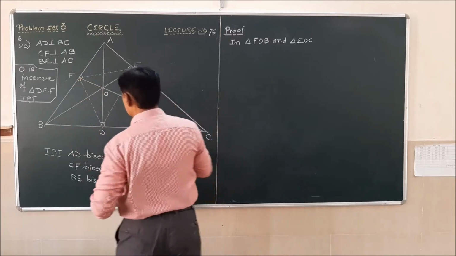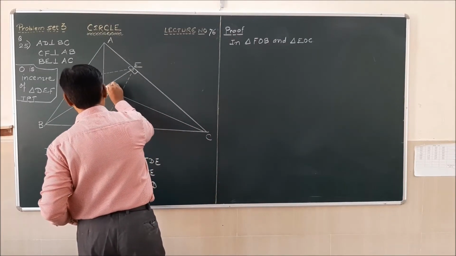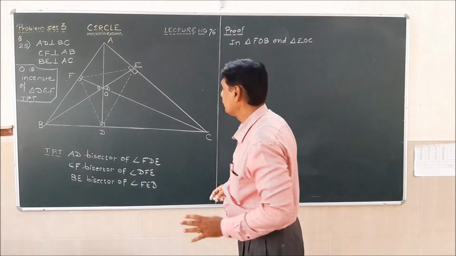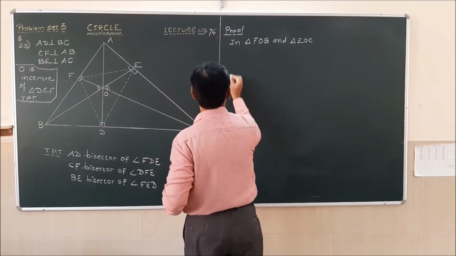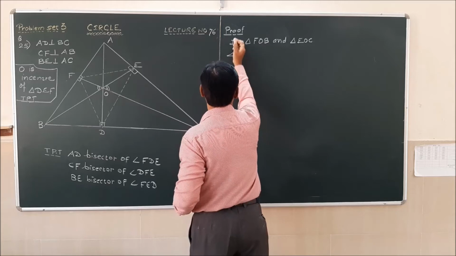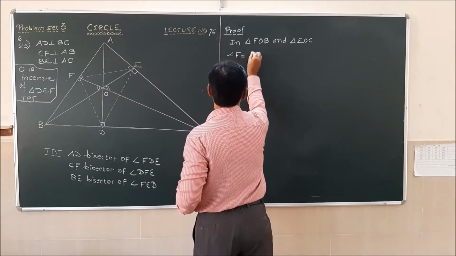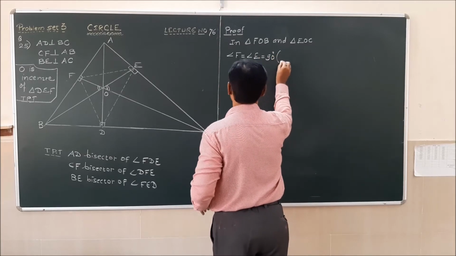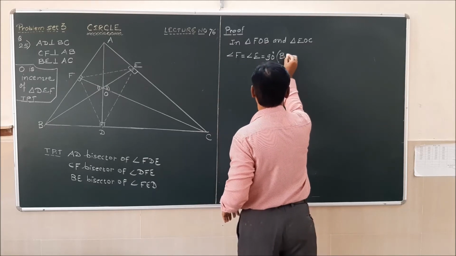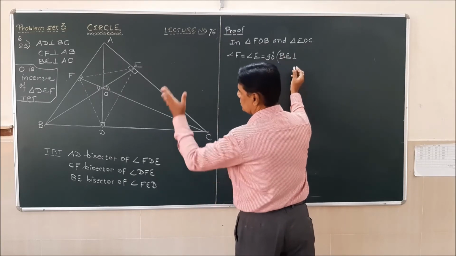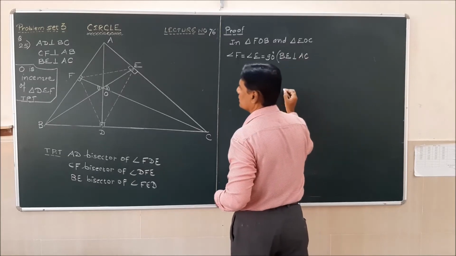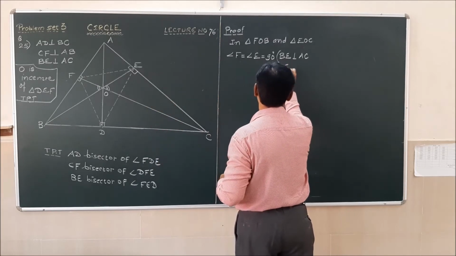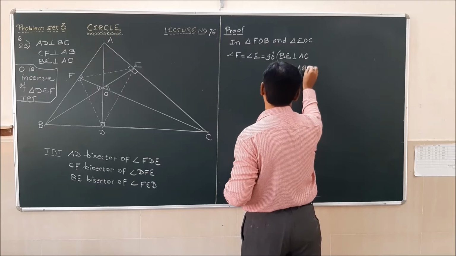Angle FOB is congruent with angle EOC, vertically opposite angles. So first of all, I write angle F is equal to angle E, that is equal to 90, because BE is perpendicular to AC, and in the same way CF is perpendicular to AB.